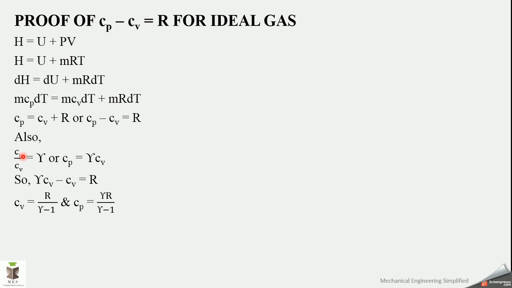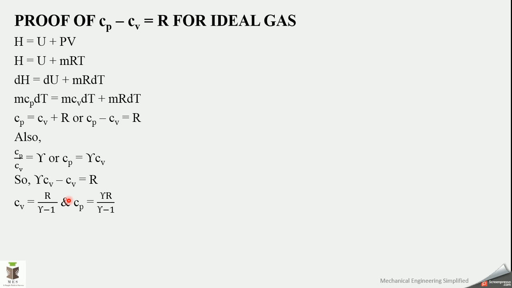Also we know that the ratio of the specific heat at constant pressure and the specific heat at constant volume is equal to gamma, so Cp is equal to gamma into Cv. By putting this expression in Cp minus Cv is equal to R, we have gamma Cv minus Cv is equal to R, and by simplifying we get Cv is equal to R upon gamma minus 1, and Cp is equal to gamma R upon gamma minus 1.